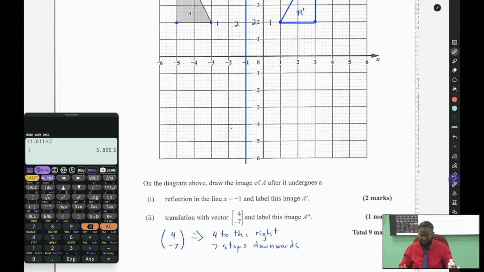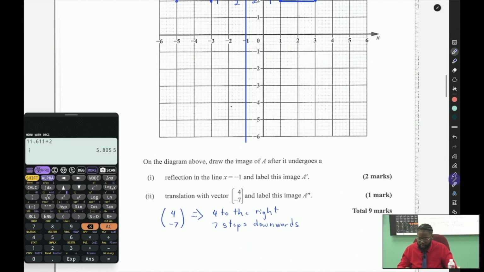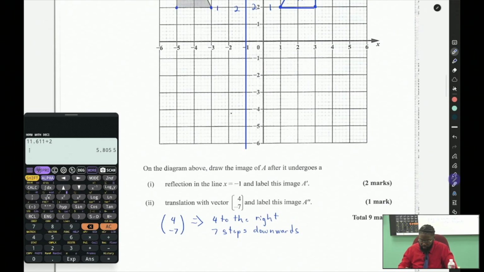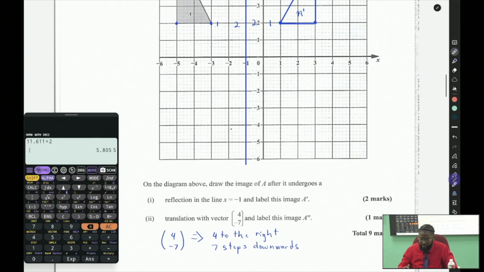Because if you remember, for horizontal, right is positive, left is negative. And then for the vertical, up is positive and down is negative. So let us do that.